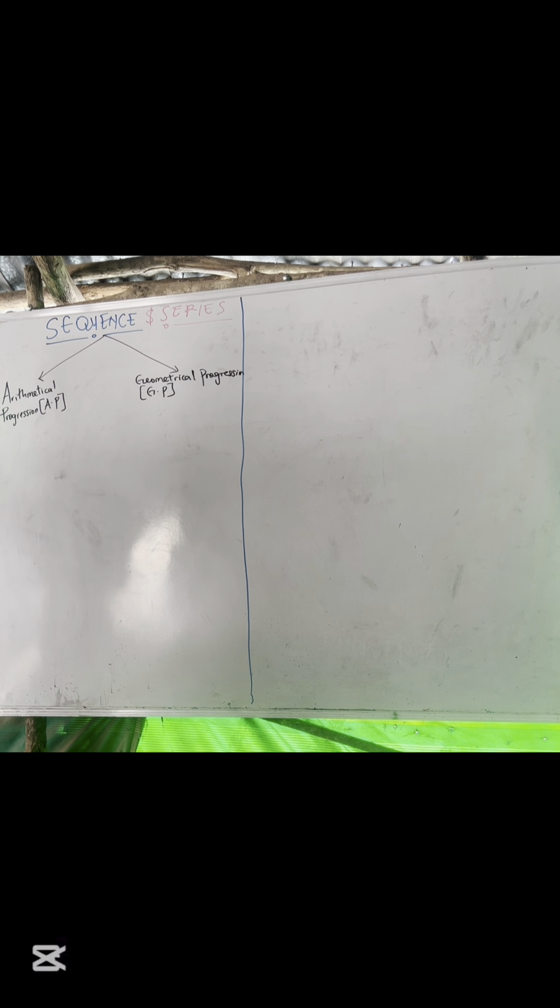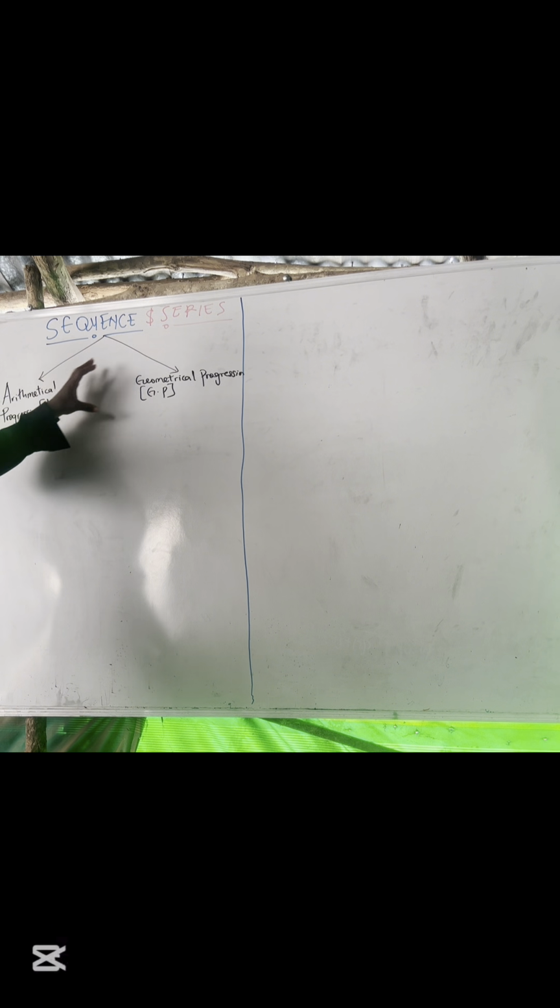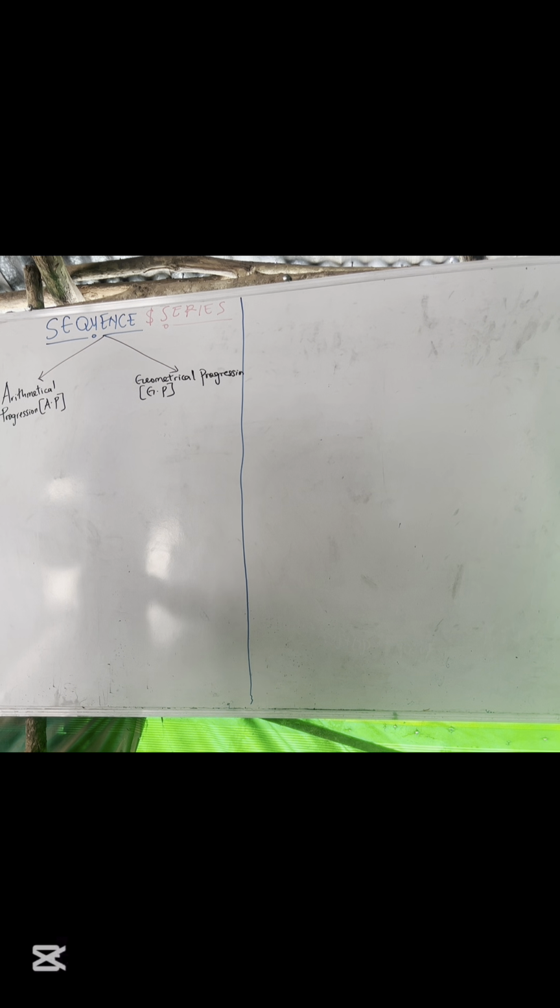So don't forget that once we are talking about a sequence, a particular rule is going to be guiding a particular sequence. So based on this rule, that is why we can have the arithmetical progression and the what? Geometrical progression.